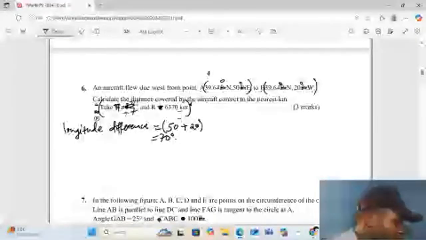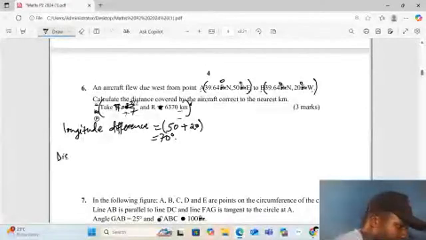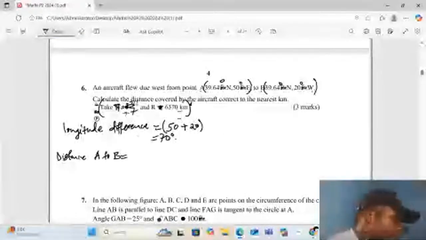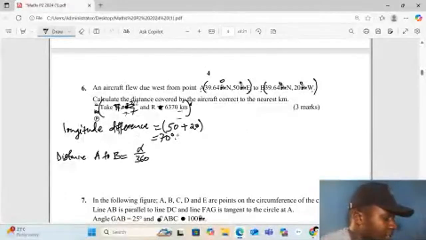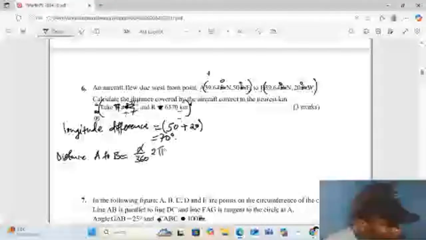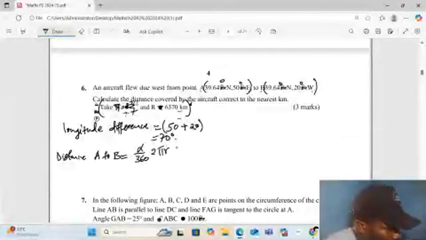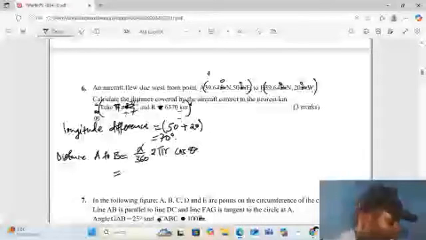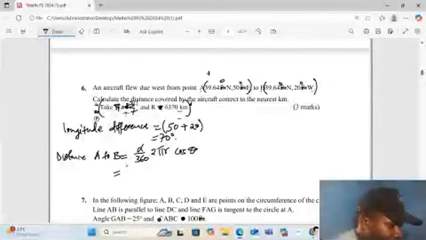Then we use our formula to find the distance from A to B. Distance A to B is given by the formula alpha over 360 times 2 pi r cos theta. Therefore, we substitute. Alpha is our longitude difference, which is 70.